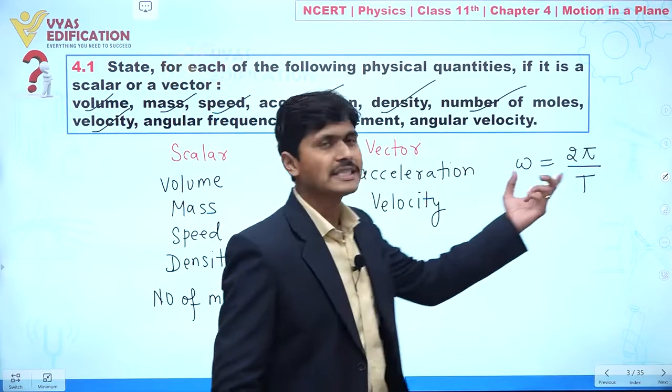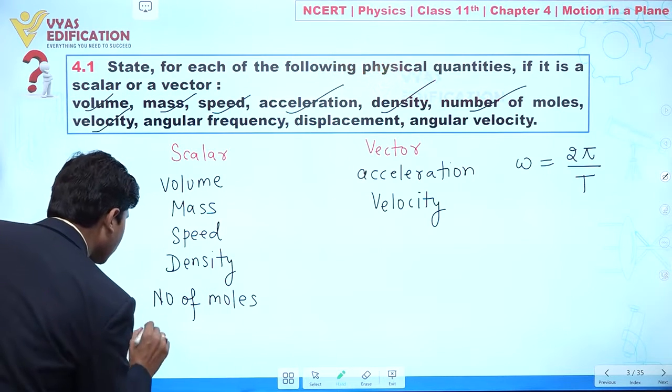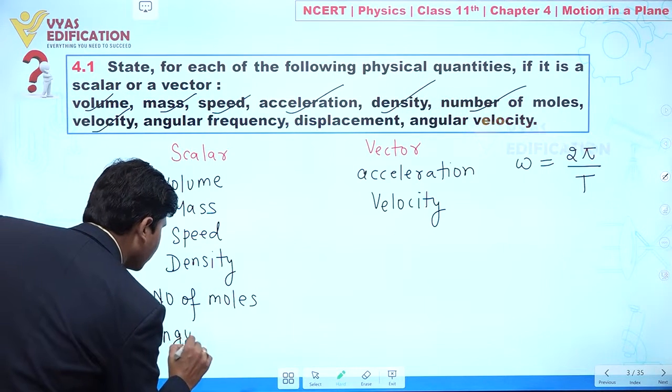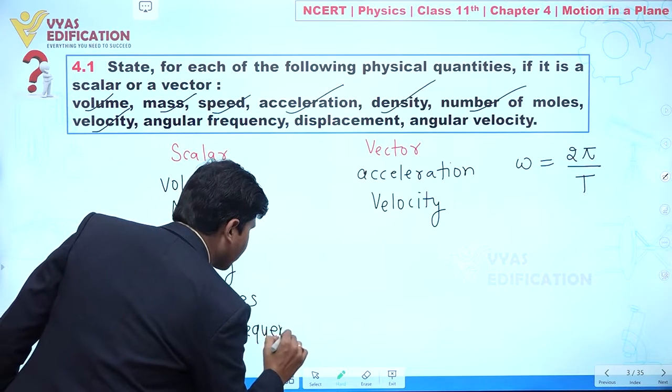So angular frequency is a scalar quantity, and we will always put this quantity in the scalar category.